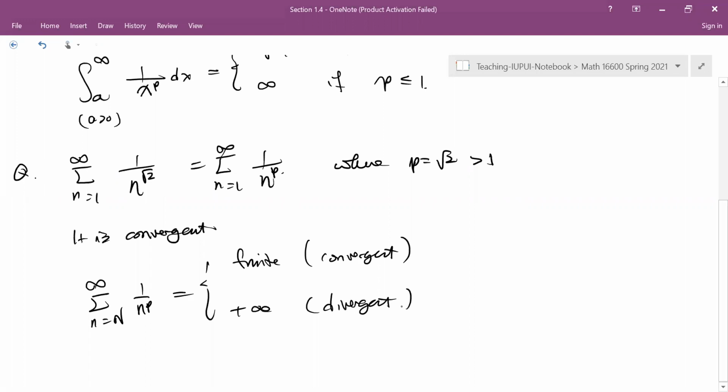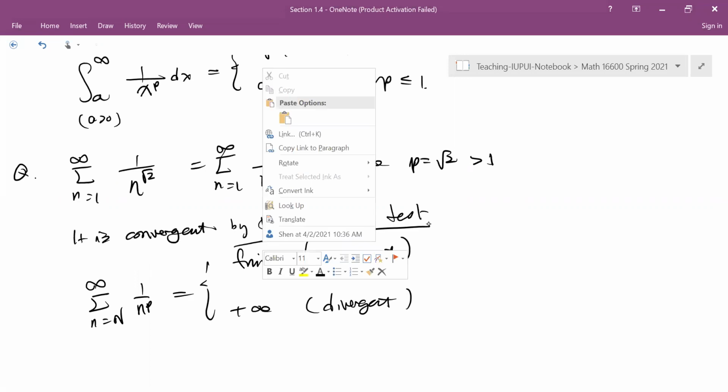Now, you cannot just state that this series is convergent. You have to quote some results already proved. You have to say it is convergent by the p-series test. Remember, you are not the jury, who can just say, I feel like he's guilty.